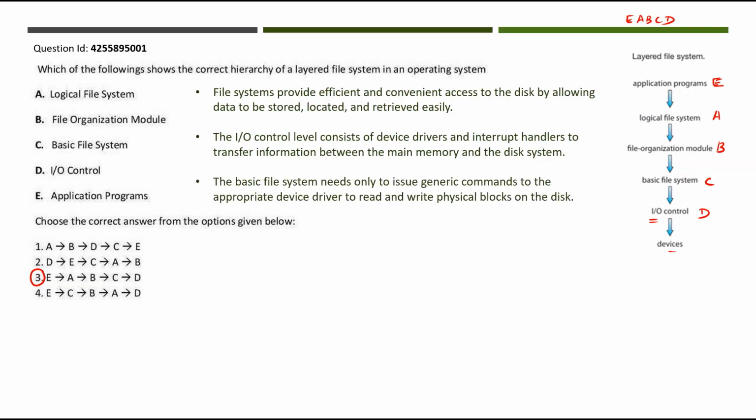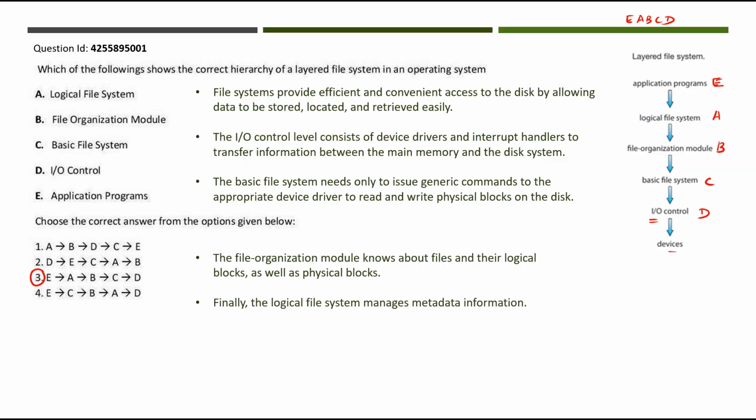It needs only to issue generic commands to the appropriate device driver to read and write physical blocks on the disk. What about the file organization module? The file organization module knows about files and their logical blocks as well as their physical blocks. Finally, the logical file system manages metadata information. If you get into the reference book, you will have lots of detail, but this is just like an introduction to all the terms that are present here.